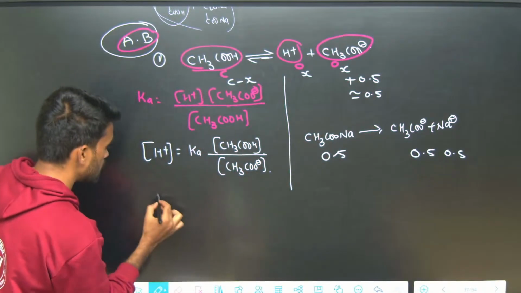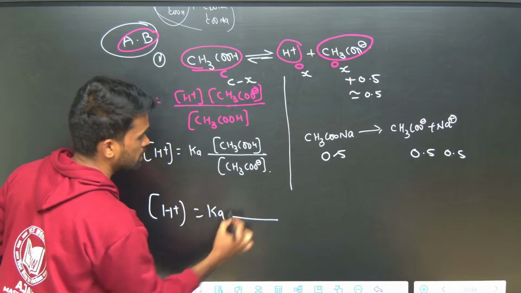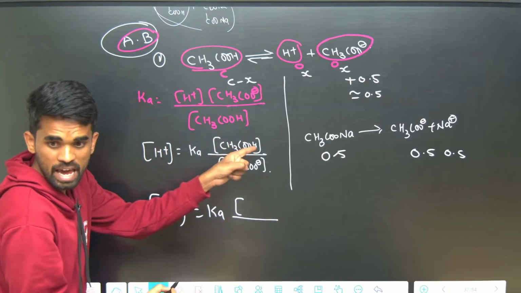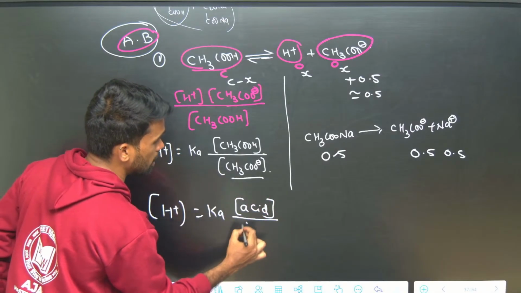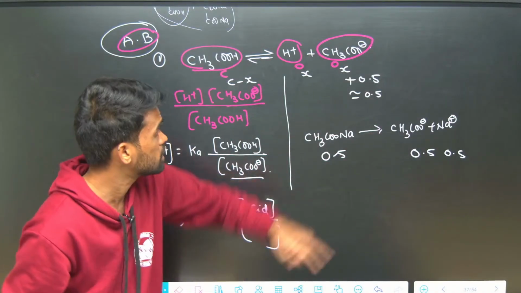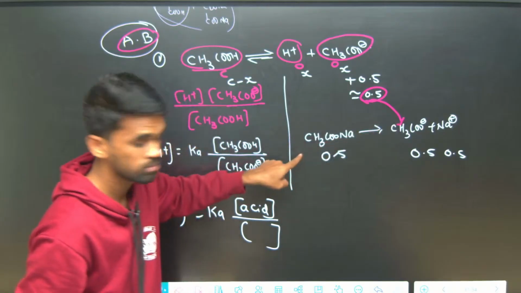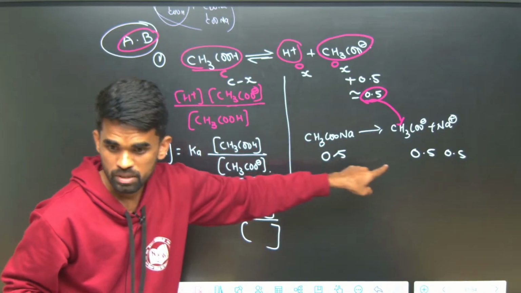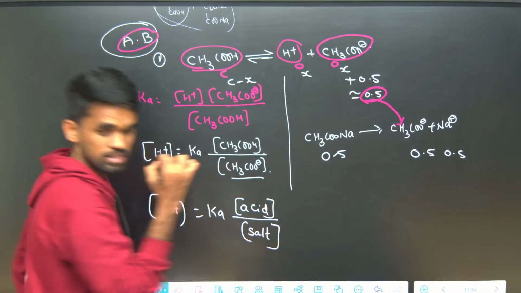So now look here, the concentration of H plus I can write as Ka multiplied with the acid concentration divided by the acetate ion concentration. Instead of writing acetate ion concentration, where is that taken from? 0.5 is purely from the basic salt, so I can write here the concentration of salt.